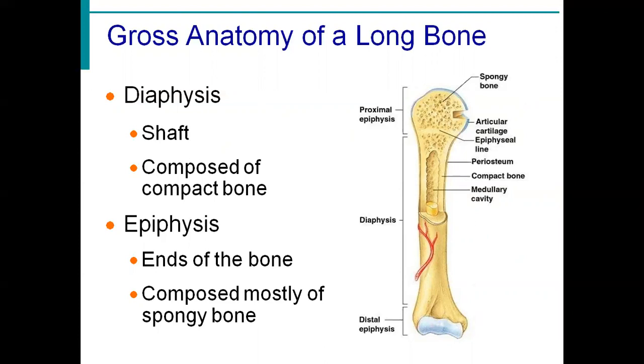Number two, if we consider the structural part of diaphysis and epiphysis, diaphysis is composed of compact bone. I have already discussed compact bone and spongy bone in the last video.